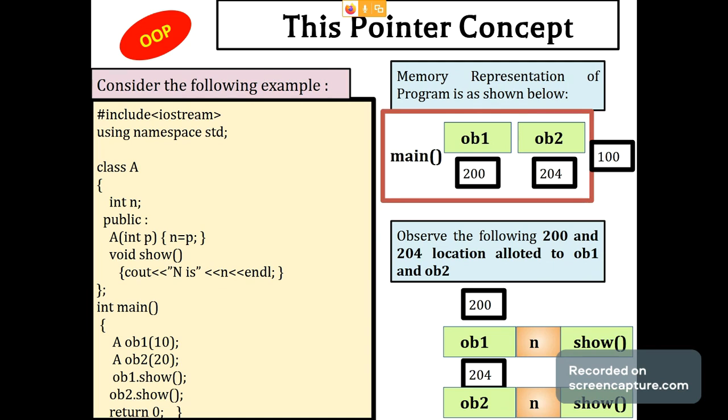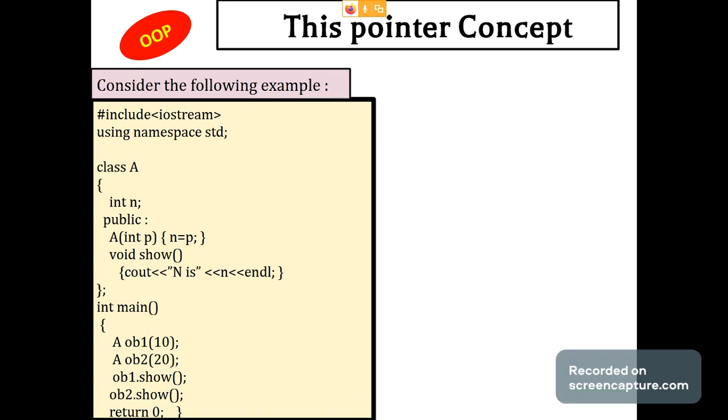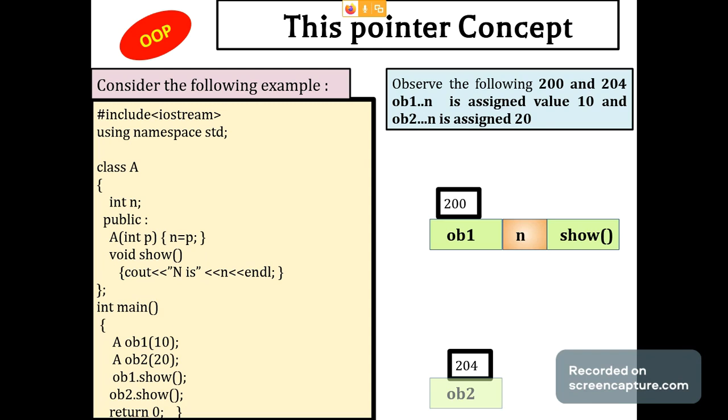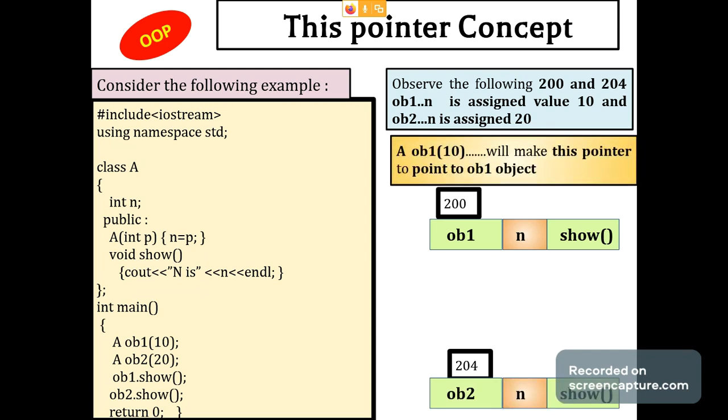Now considering this with the concept of the this pointer, there is a this pointer, an agent, along with the main function. First it points nowhere, but when the main function asks to access ob1, that is when I'm writing ob1 10, I'm asking that ob1 should be assigned the value 10.